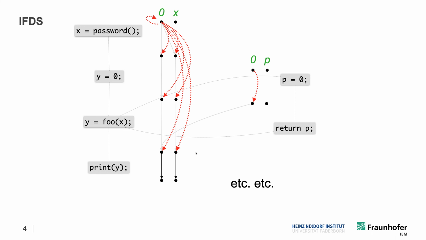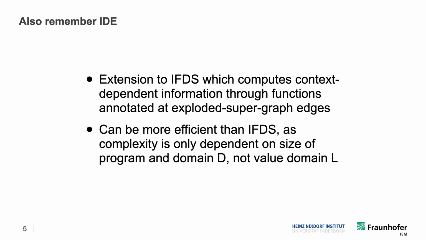And then we also discussed IDE, which is an extension to IFDS that computes context-dependent information through functions annotated at exploded supergraph edges. So instead of path edges, we now have jump functions, and these basically can compute these side effects. Also, these functions need to be distributive, but they can actually work on infinite domains.